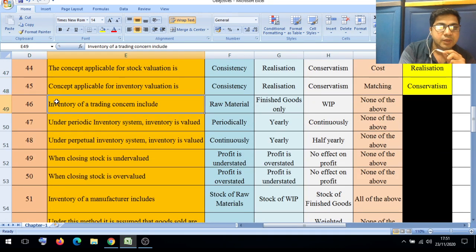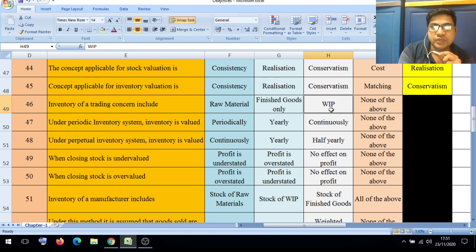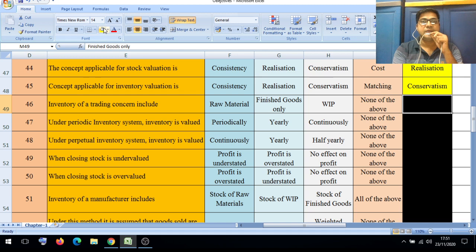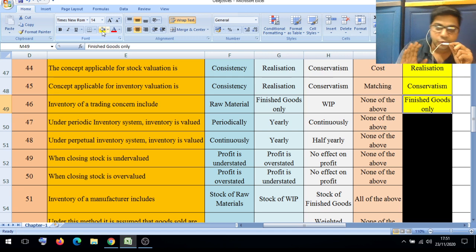Inventory of trading concern includes raw material, finished goods only, WIP means work in progress, none of the above. Answer is finished goods only. Inventory of trading concern, only finished goods we can show.